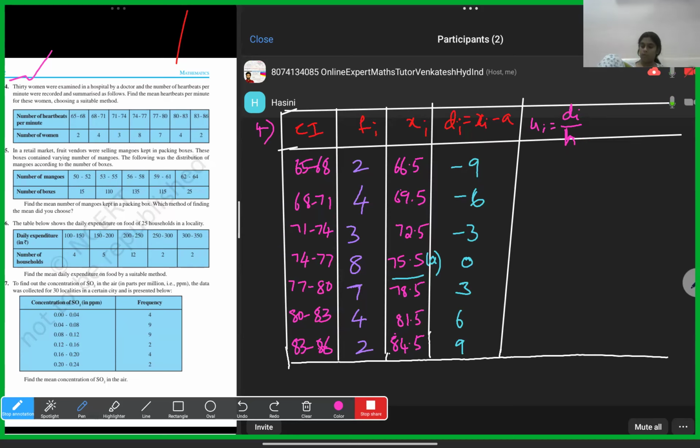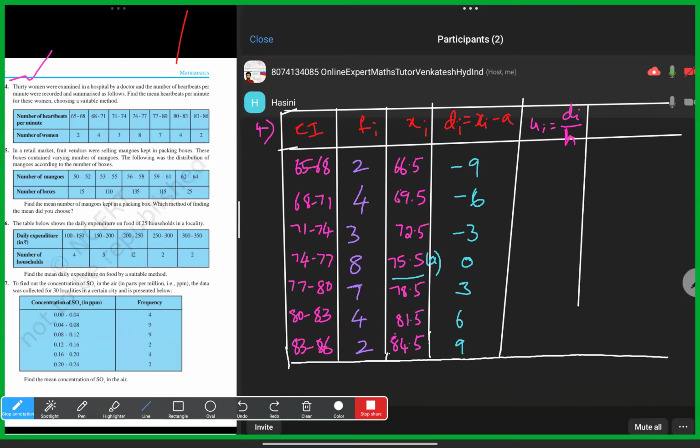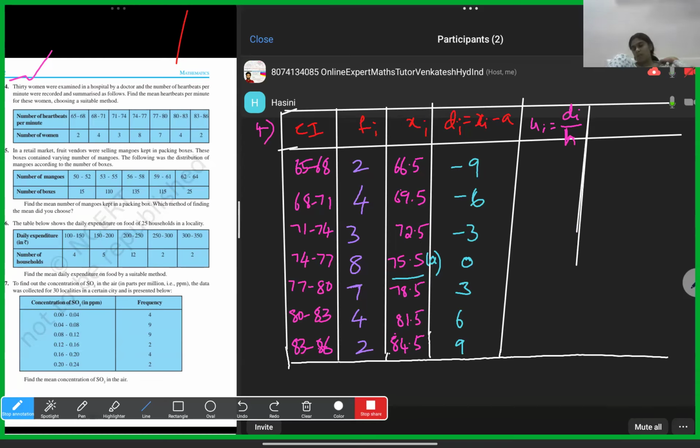So now, once you divide every di value with h, that is 3, what will we get? Minus 3, minus 2, minus 1, and 0.